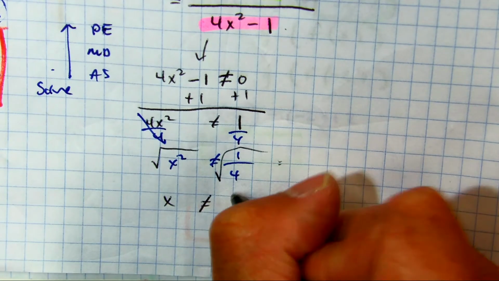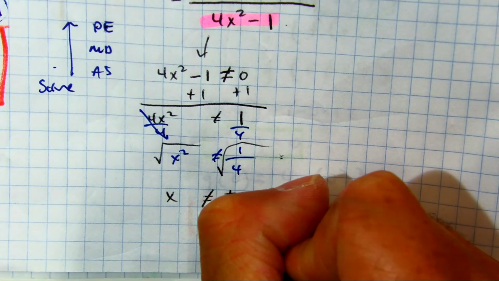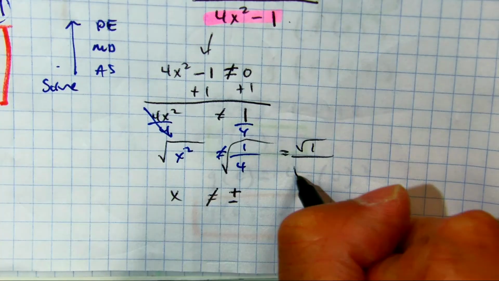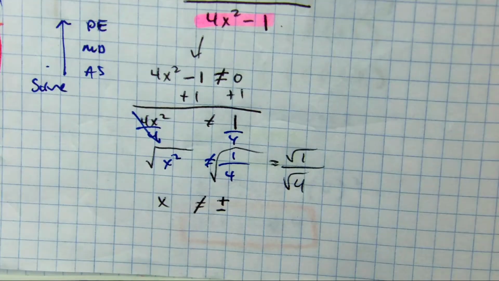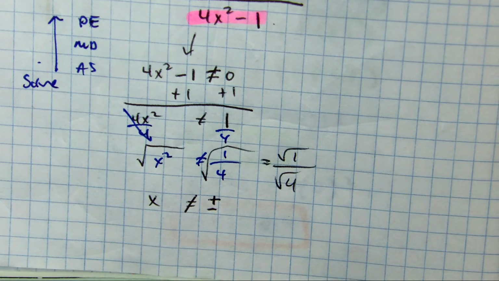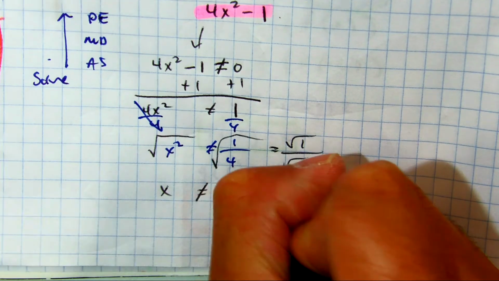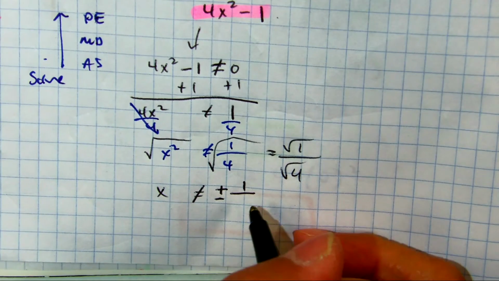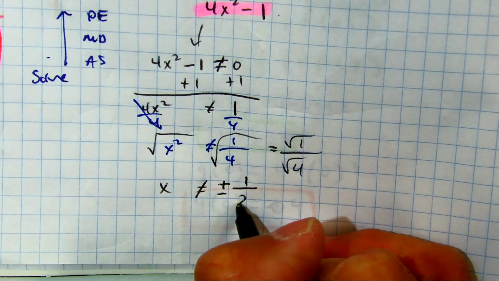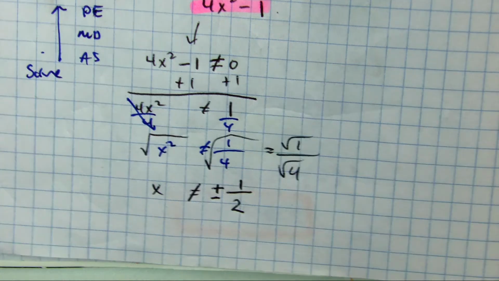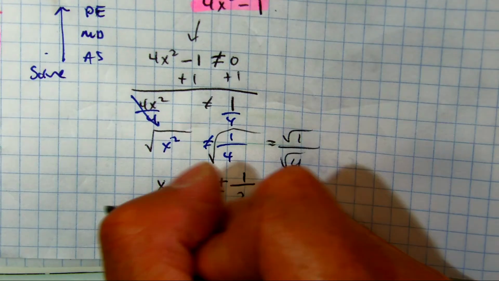Good. Positive and negative. The square root of 1, which is 1. And square root of 4 is 2. So, what is my domain in set builder notation?